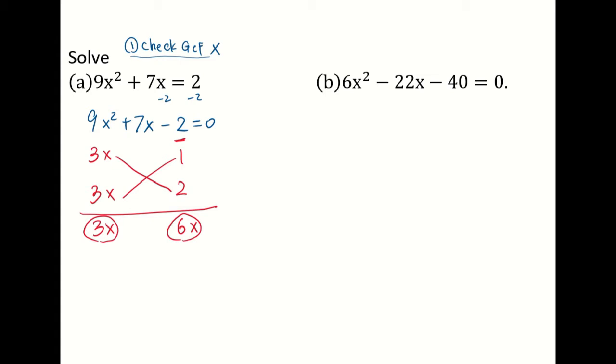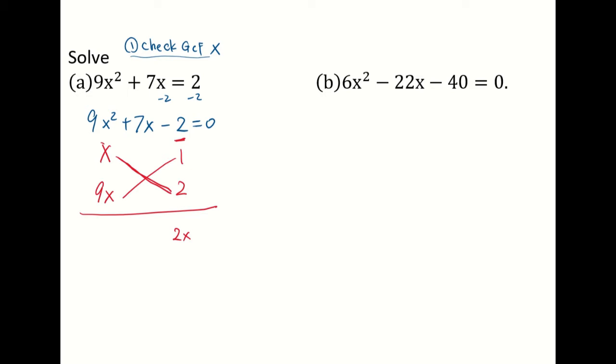So let me switch things around. Okay, so I'm not going to factor the 9x squared as 3x times 3x. Let me try 1 times 9. So that means it's x times 9x. Let me try this combination instead. Okay, again, cross multiply. X times 2, that's 2x.